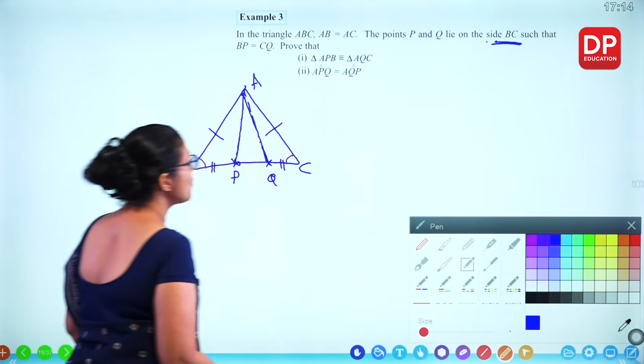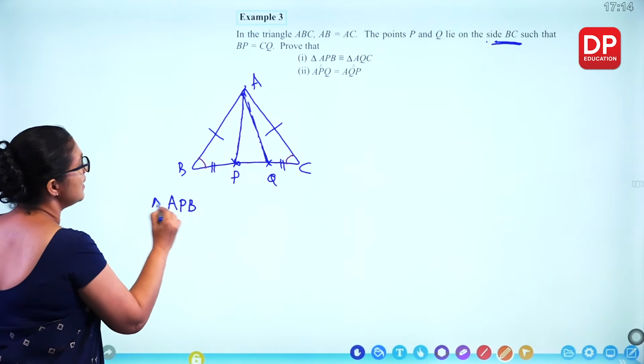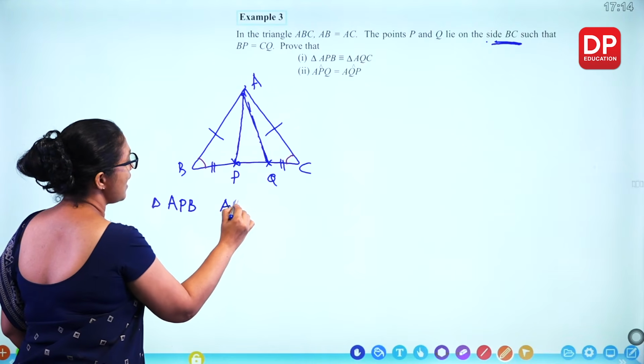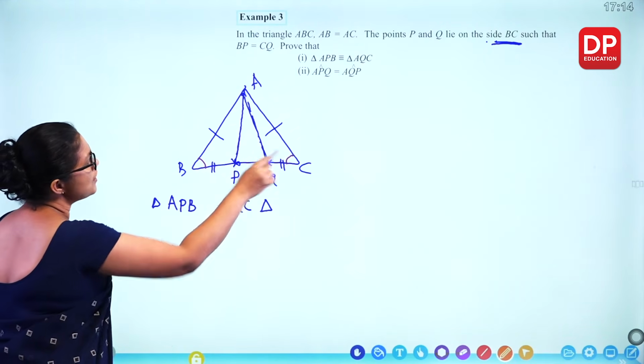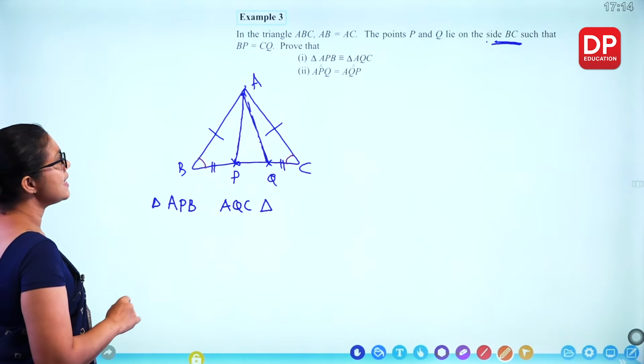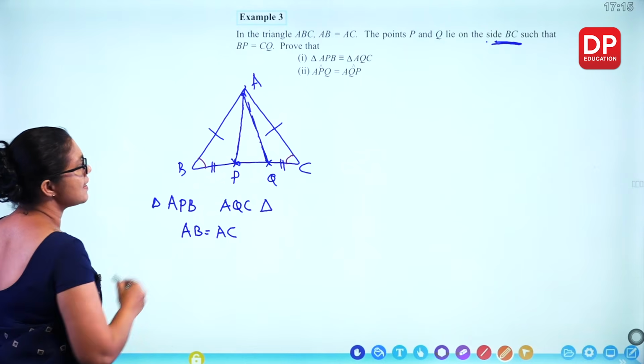So what do you need to prove? Triangle APB and triangle AQC both are congruent. When you take these two triangles, we can see that AB is equal to AC. That's given.